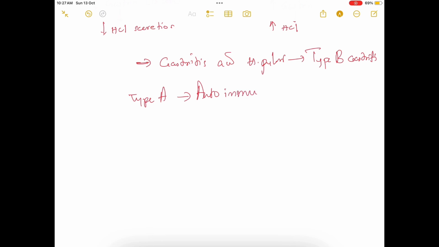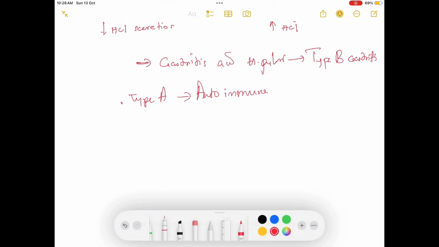For example, we all know about pernicious anemia, where intrinsic factor secreting parietal cells are destroyed by autoantibodies, so that there will be no absorption of vitamin B12, leading to vitamin B12 deficiency anemia and so on. So we need to know this. Type B is caused by H. pylori. That is the thing.